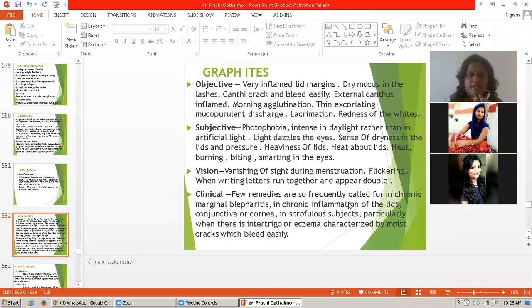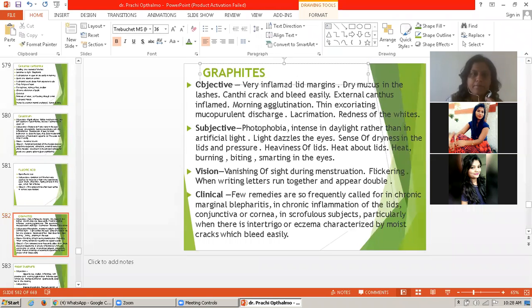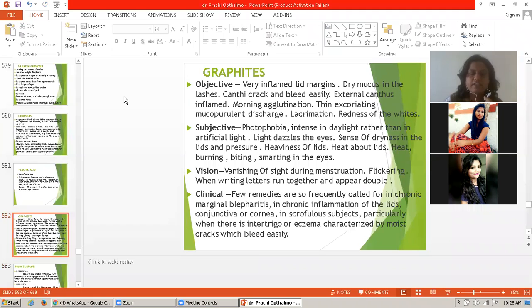Next remedy is Graphites. Objectively, the patient shows very inflamed lid margins. There is dry mucus in the lashes with the canthi cracked and bleeding easily. So externally, the canthus is inflamed.